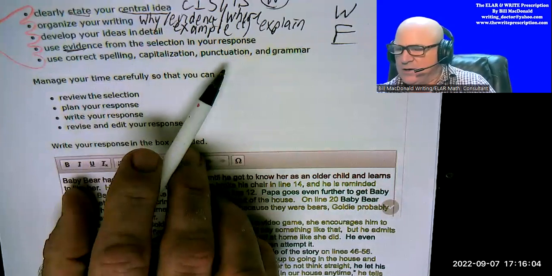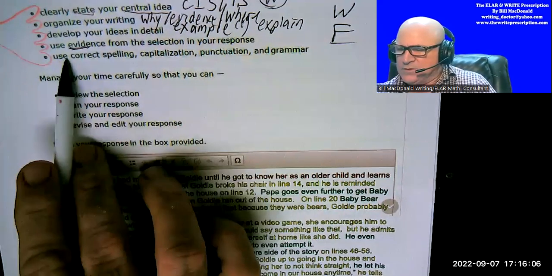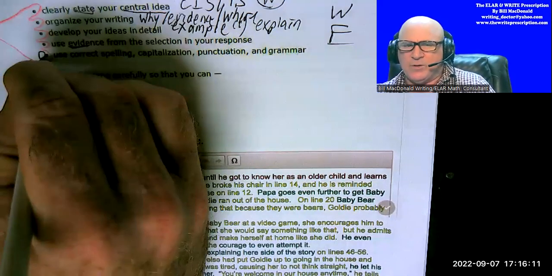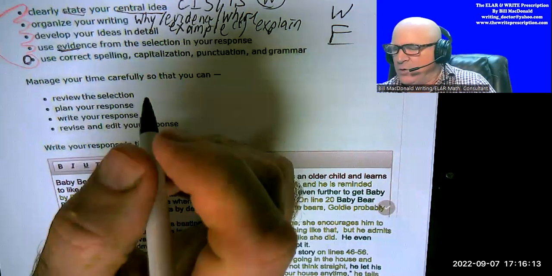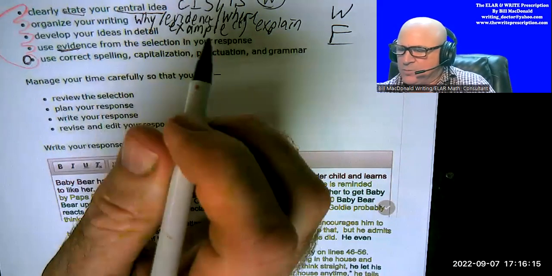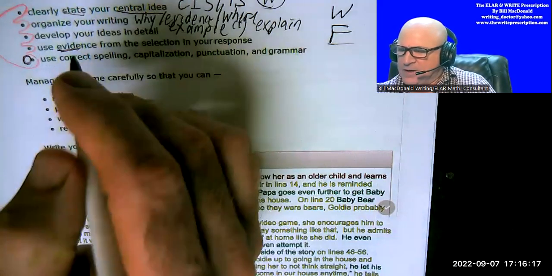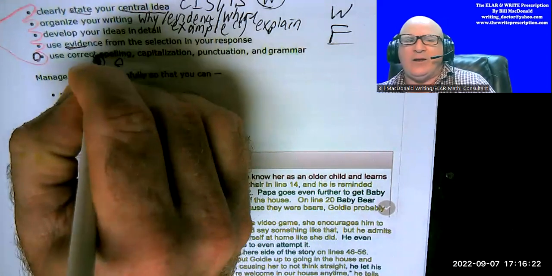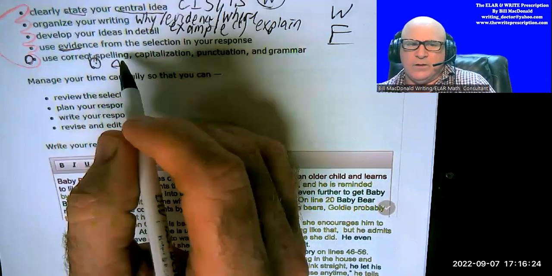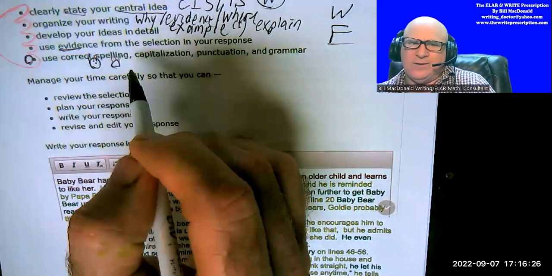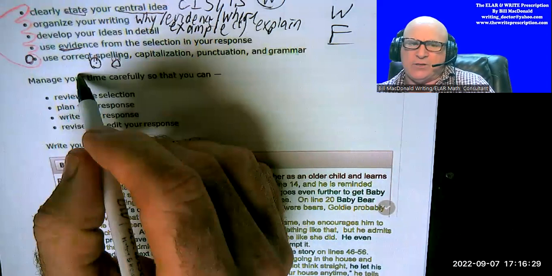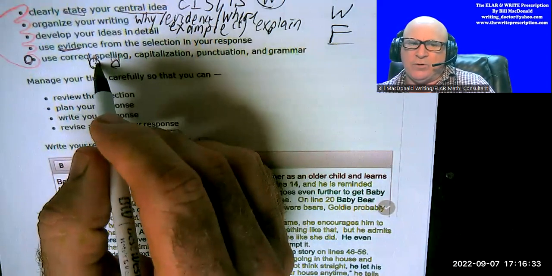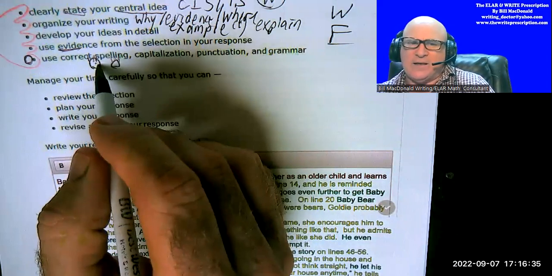And my caution here, if your kids get 0 points on spelling, capitalization, punctuation, be careful that when the 2 readers look at it with their eyeballs, if they both feel like with their eyes they don't understand what they're reading, they can call that response, that computer response, illegible or indecipherable.